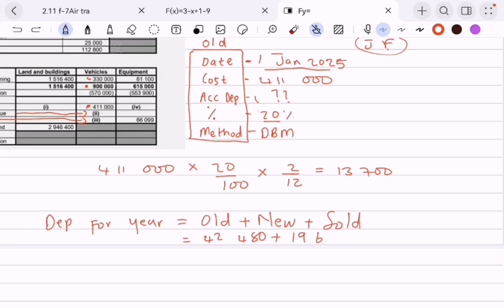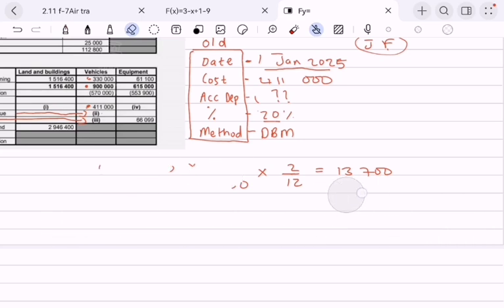The new, it was 13,700. Then when we add all those together, we will get our 75,780. And that's how you get your depreciation for there. Simple and easy, just like that. So this box, people, this is our ultimate guide. Right. Let us go finish up.